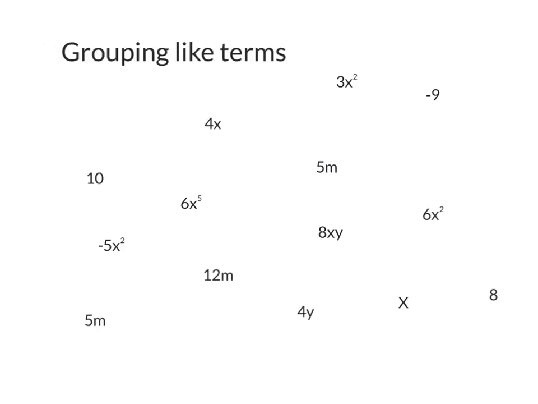So like terms, what we specifically mean about them is that the variable and the exponent are exactly the same. So if I look at this term right here, 3x squared, then I need to look for any of the other x squareds.